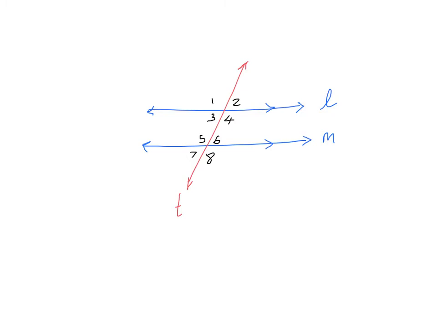Well, we already know that our exterior angles are 1, 2, 7, and 8 because they're outside of L and M. So the alternate portion of that phrase, well, we know that we're looking on opposite sides of the transversal, and we also know that they cannot be adjacent to each other. So our alternate exterior angles are 1 and 8. Let's write that down. Alternate exterior angles are 1, and it's congruent to 8.